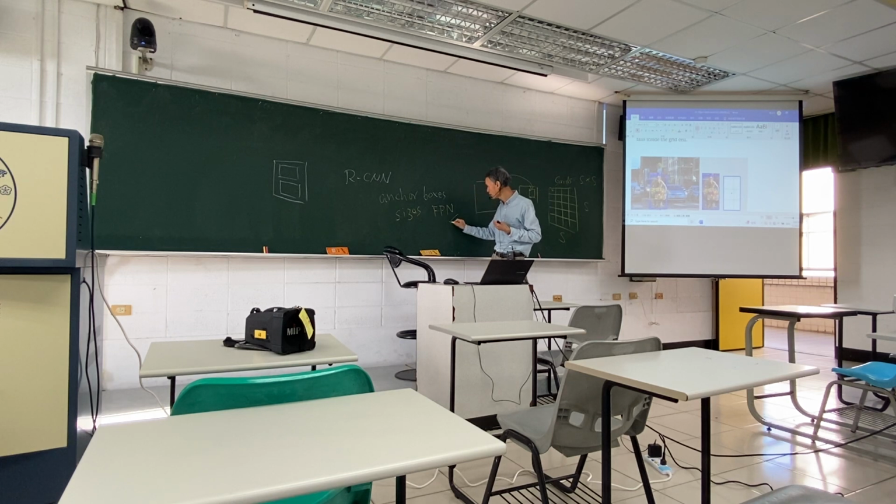Remember, we use 3 levels to identify a small object, medium-sized object, and very large-sized object. So for each feature map, we will carry out this operation to find the possible bounding box.